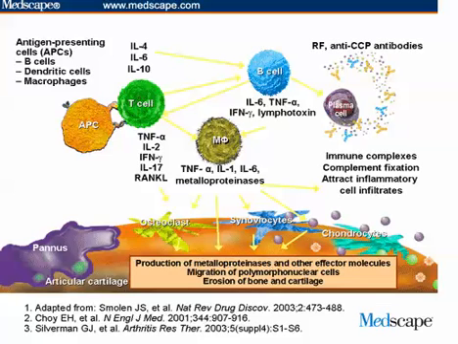Almost 20 years ago, it was recognized that TNF-alpha and interleukin-1, among other cytokines, are produced by rheumatoid synovium. Capitalizing on that finding, anti-TNF-alpha and anti-interleukin-1 biologic agents have made it possible for many patients to achieve significant long-term remission.